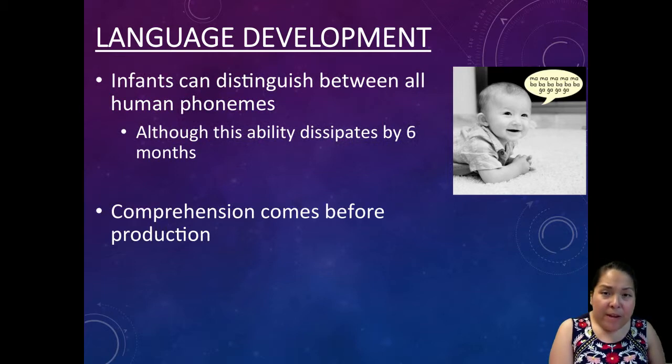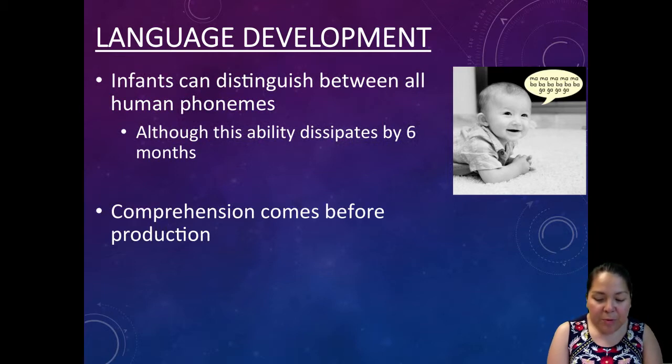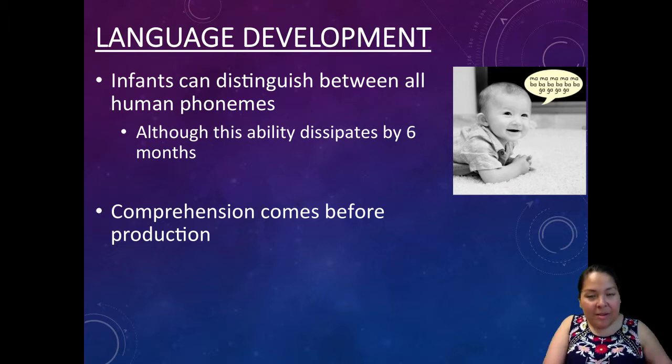So at birth, infants can distinguish between all human phonemes, although this ability does dissipate by 6 months of age. During this time, at 6 months of age, they can distinguish among the contrasting sounds in the language they hear being spoken around them.